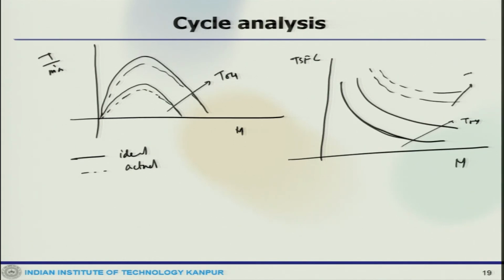So, this is also T naught 4. So, you can see how the specific thrust and TSFC vary between the actual and ideal cycle.